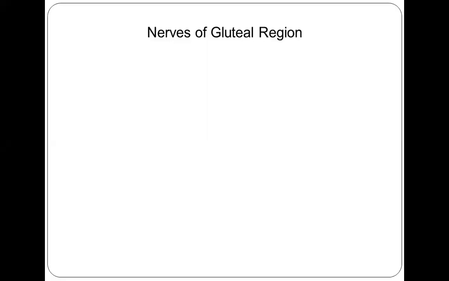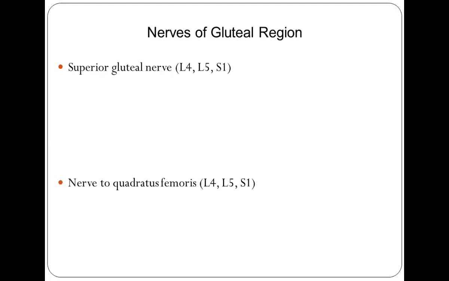Now we look at the other nerves of the gluteal region. You have to learn its root value as well. So superior gluteal nerve emerges into the gluteal region from the superior border of piriformis. Root value is L4, L5, and S1. Now the nerve to quadratus femoris has a similar root value, same as superior gluteal nerve.